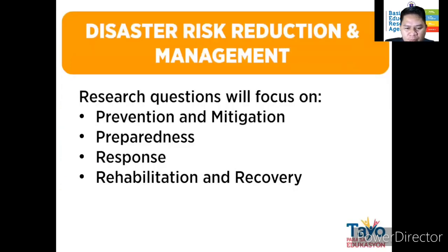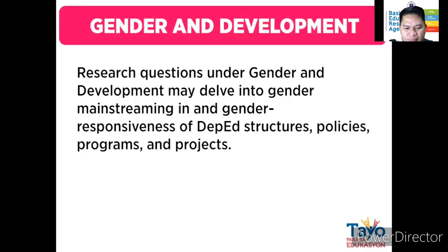For DRRM, research questions will focus on the following: prevention and mitigation, preparedness, response, rehabilitation, and recovery. Nowadays, DRRM is very important, especially for our climate, with typhoons, earthquakes, and other related problems. You can research what will benefit our division or our school to become prepared and responsive.